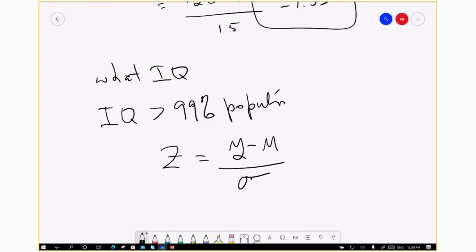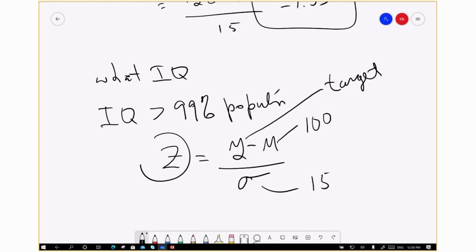We know mu is equal to 100. Sigma is equal to 15. Y is our target. That's what we're trying to determine. Z, how are we going to get Z? Well, what we need is a Z value associated with 99%.